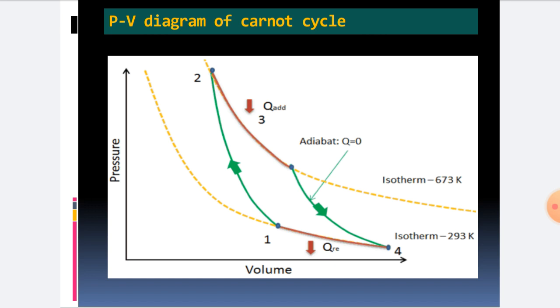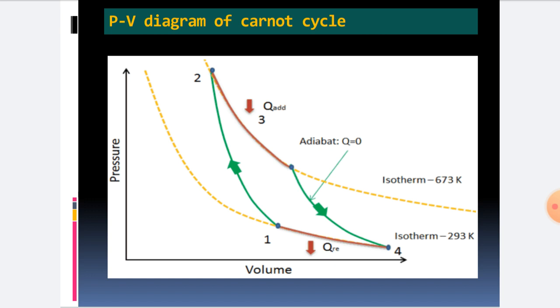Second step, it is reversible adiabatic expansion. The cylinder is now removed from the source and is thermally insulated from the surroundings. The gas is allowed to expand reversibly and adiabatically from a volume V2 to V3.